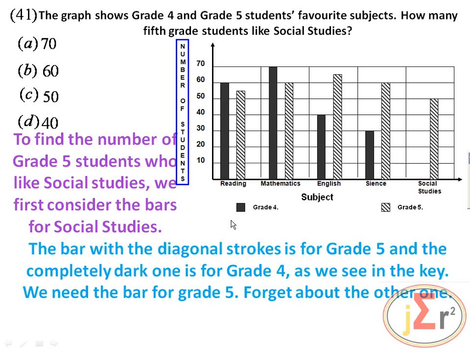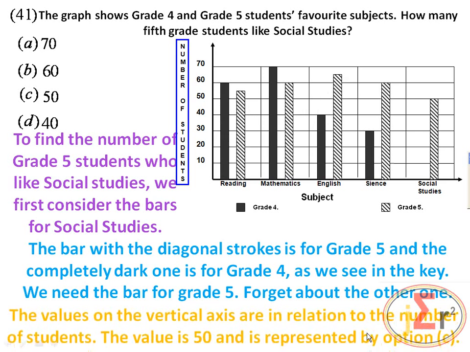So if we are attempting to find the number of students, it will have to be in relation to this axis. The values on the vertical axis are in relation to the number of students. The value is 50 and it is represented by option C.